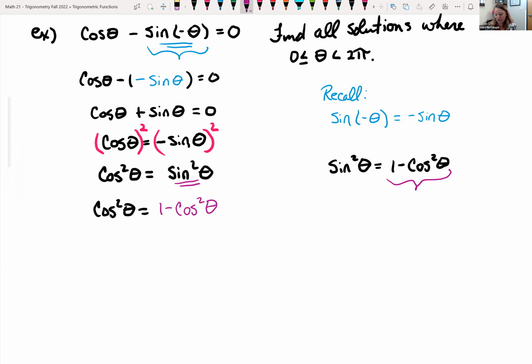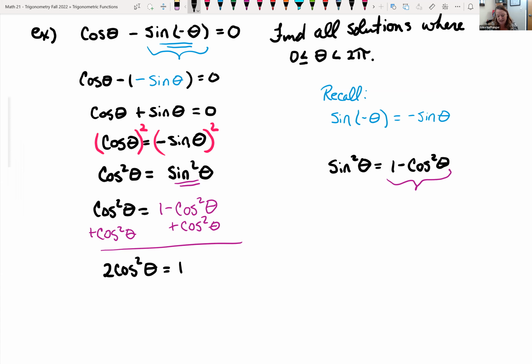So let's get cosine squared theta to the other side. Let's add cosine squared theta to both sides. So I have 1 cosine squared theta plus 1 cosine squared theta, which gives us 2 cosine squared theta is equal to 1. So this is quadratic.